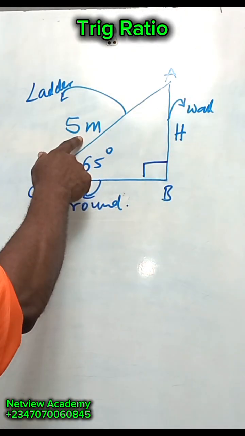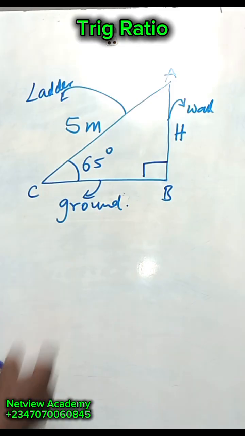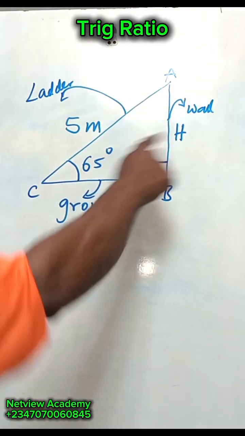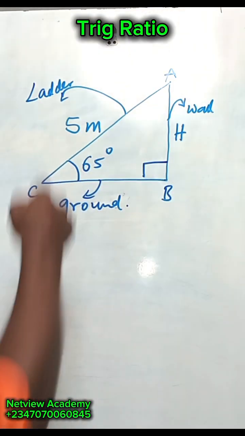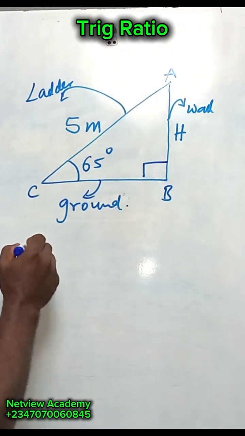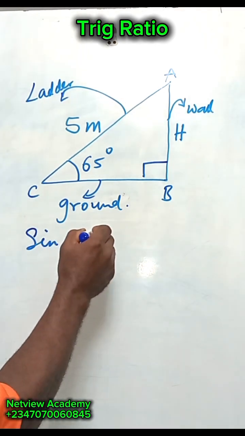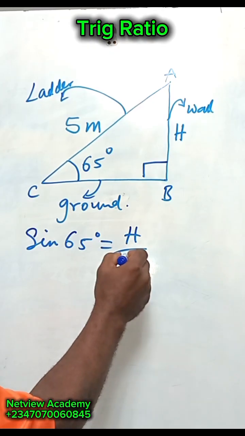The hypotenuse is provided. The angle that the ladder makes with the ground, 65 degrees, is provided. H is opposite to the angle. So if we apply opposite all over hypotenuse, this becomes sine 65 degrees is equal to H all over 5.